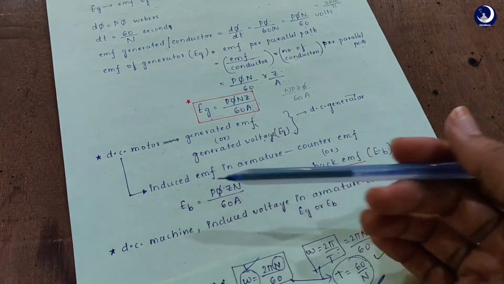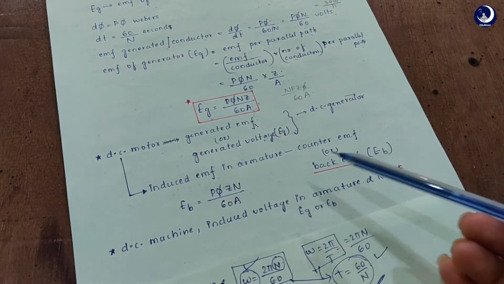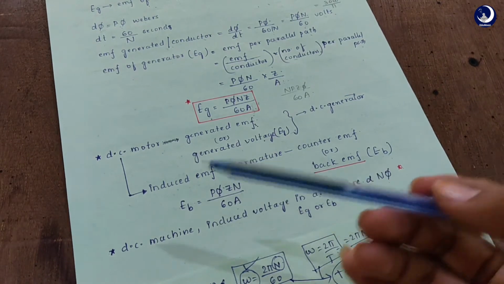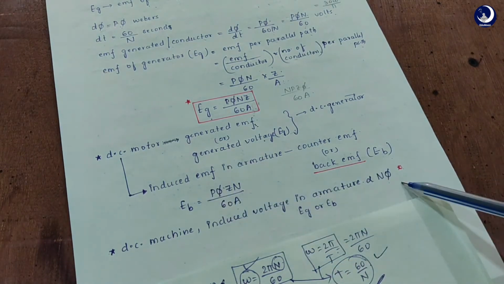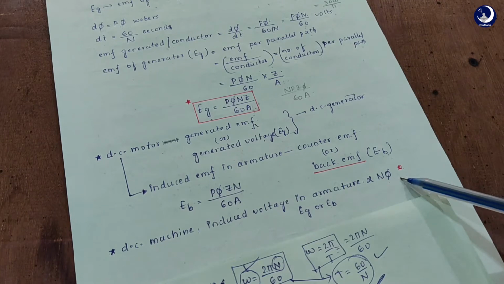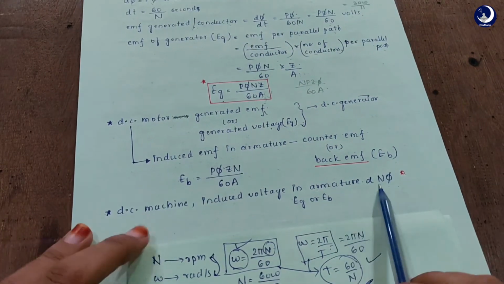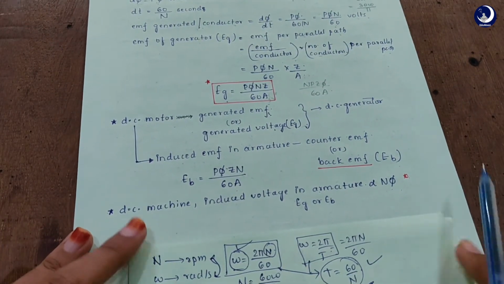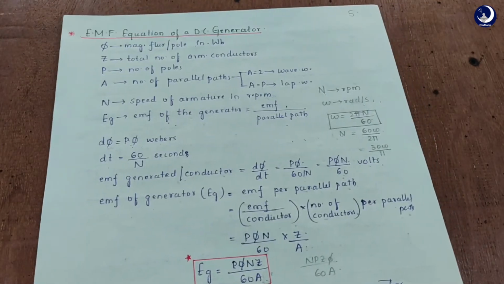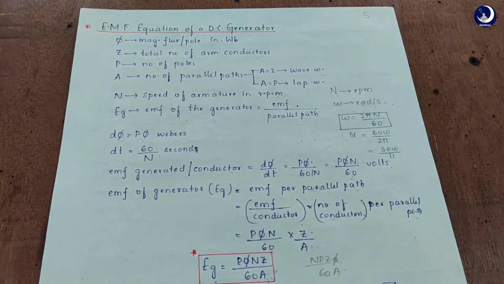N and phi. So the induced voltage in the armature, that is Eg or Eb of a DC machine, depends upon N and phi, that is, the speed of the armature and the magnetic flux per pole. So Eg or Eb is directly proportional to N phi. And this is the EMF equation of a DC generator.